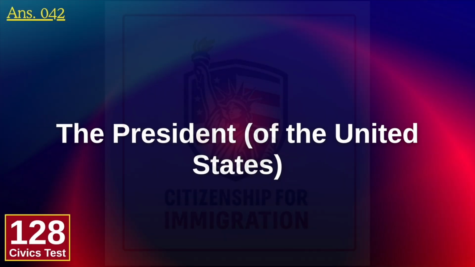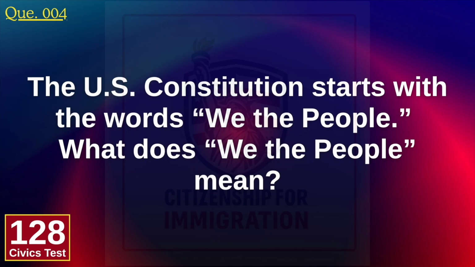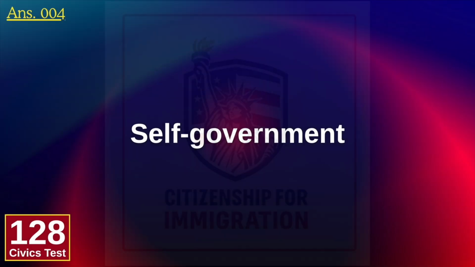The President of the United States. The U.S. Constitution starts with the words, "We the people." What does "we the people" mean? Self-government.